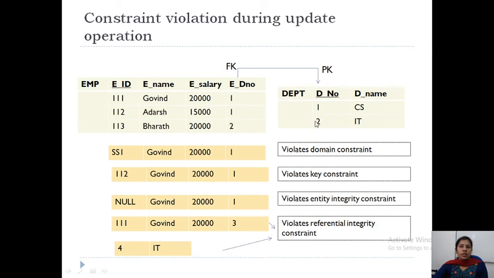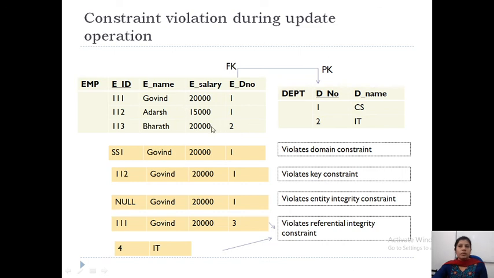And suppose I change, for the second tuple for the IT department, the department number to 4. Here I have an employee working in this department. Already I have inserted the value as 2.